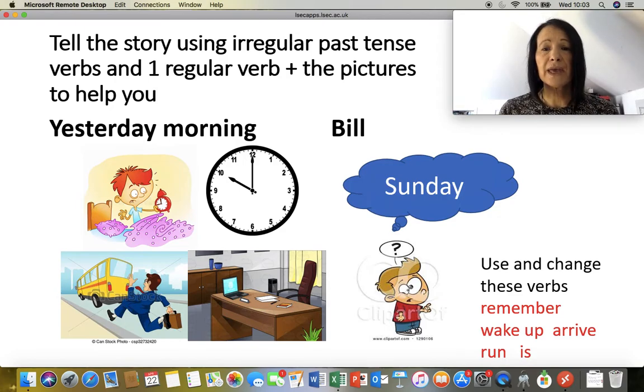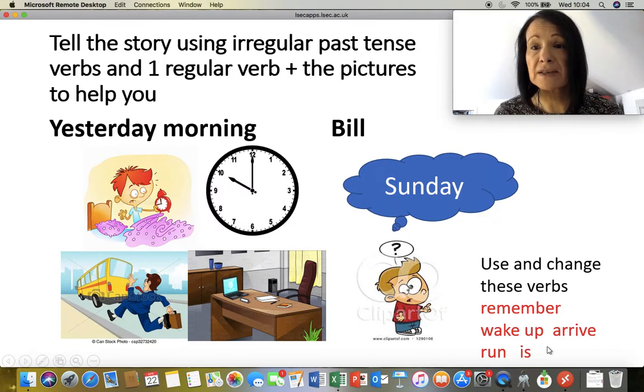To help us, we have some pictures here, and also we have these words in red. These are verbs, but they have not been changed to the past tense yet. That is for you to try and change. If you have a look at this bubble here, what is that day?